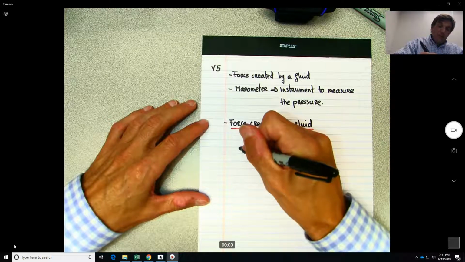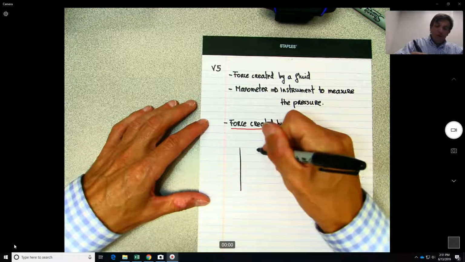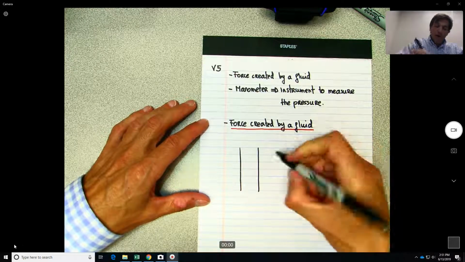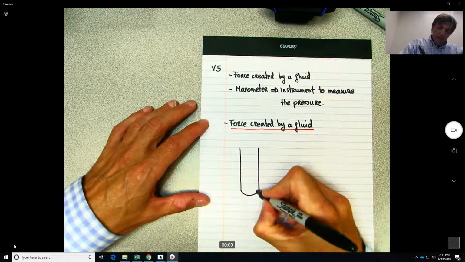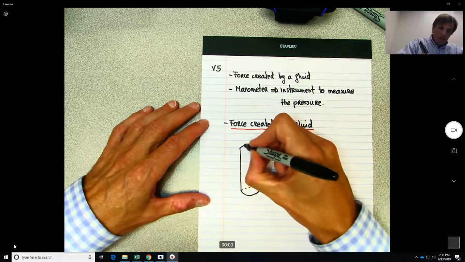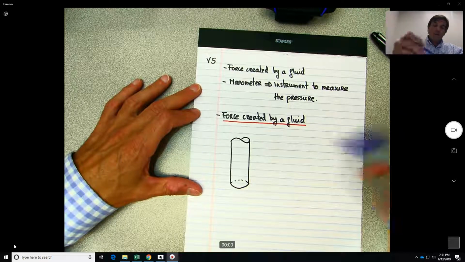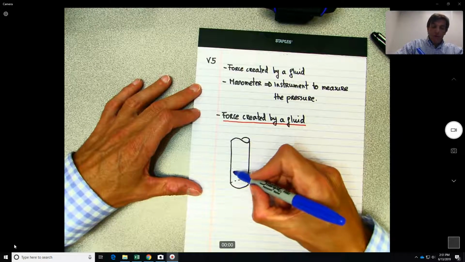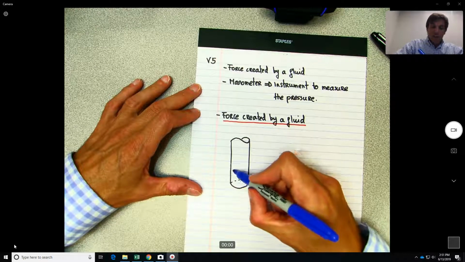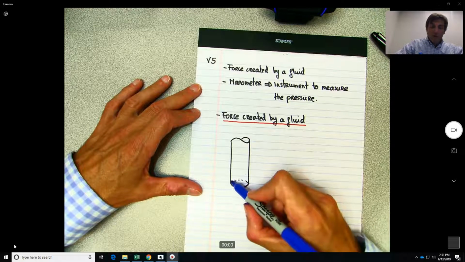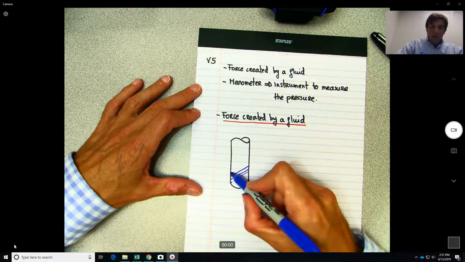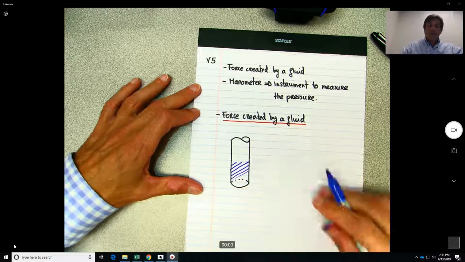So in order to explain this, let me just consider a tube, a pipe, that we're going to fill with a certain amount of water. Okay, so let's say initially we just fill up to that line.